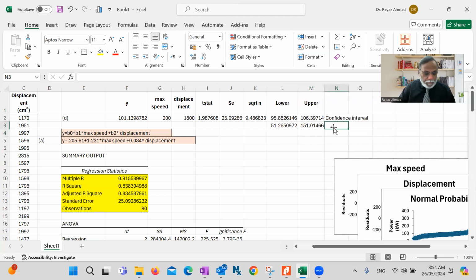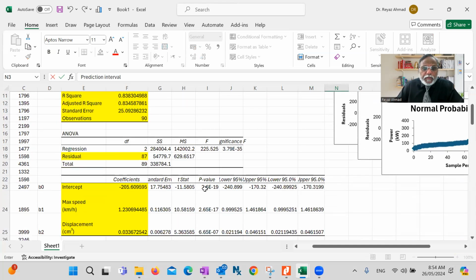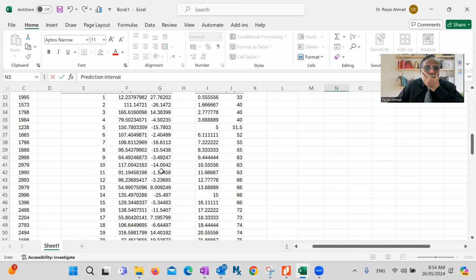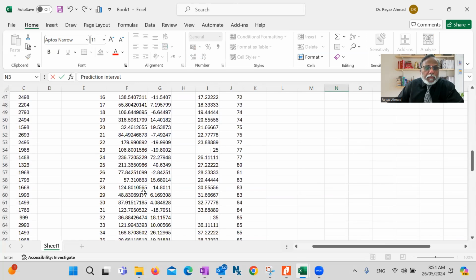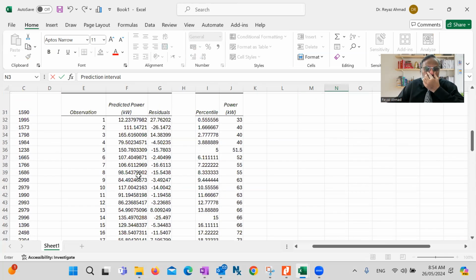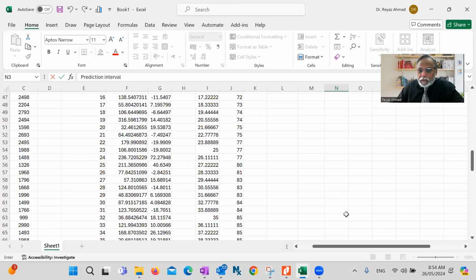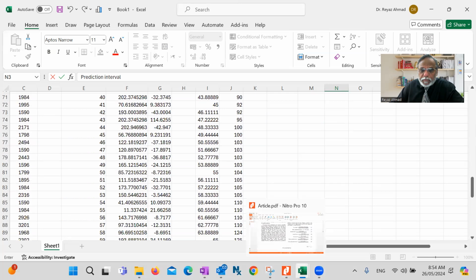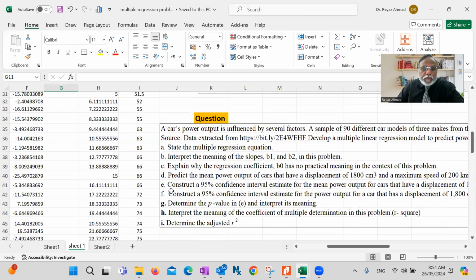This is my prediction interval. Okay, so we have done the answers to these questions, E and F.